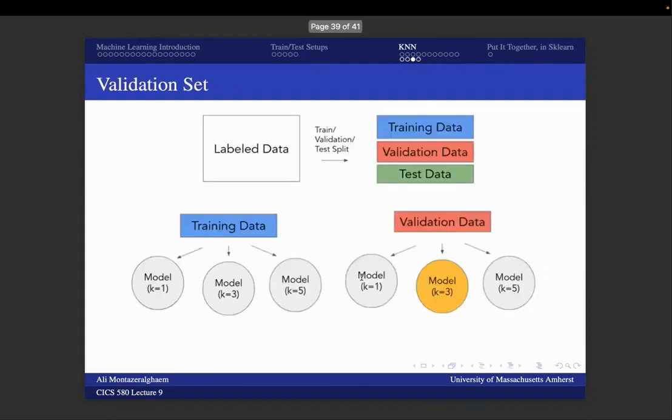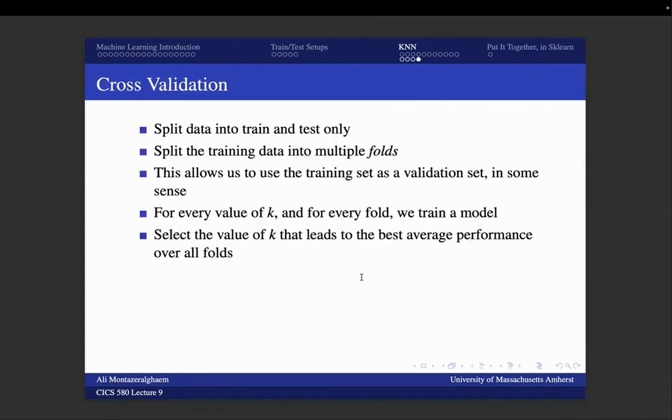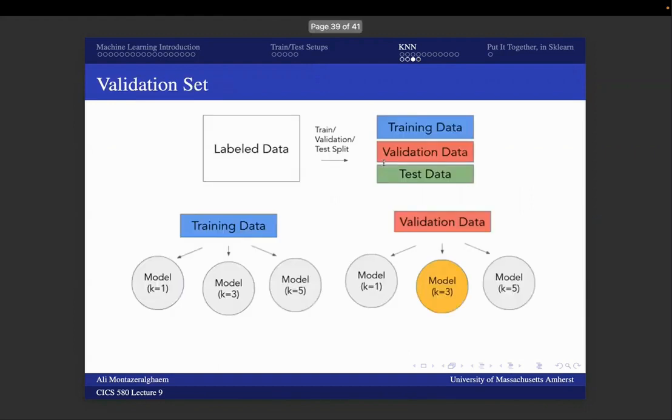As a simple example, consider that we are using cross validation with 2 folds. So if we want to have 2 folds, we need to split the training data into 2 folds, and then use fold 1 as training and fold 2 as validation, and we have a test set. Then we find that the k should be equal to 3.